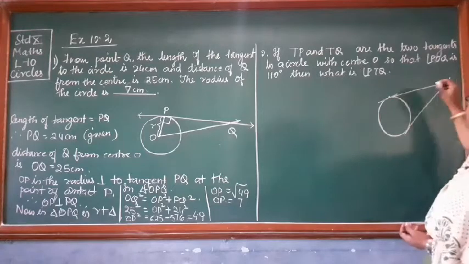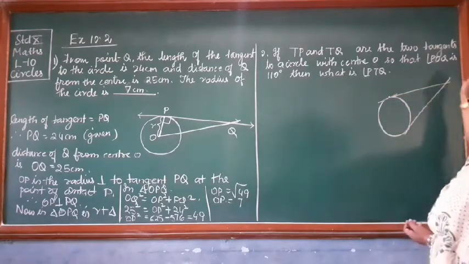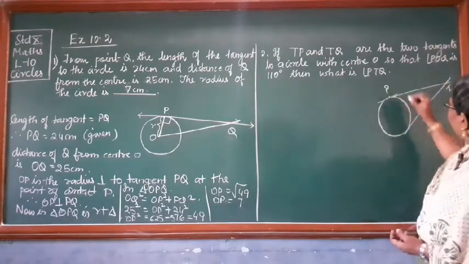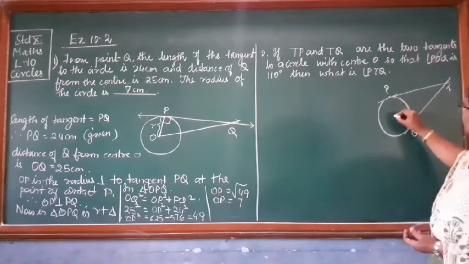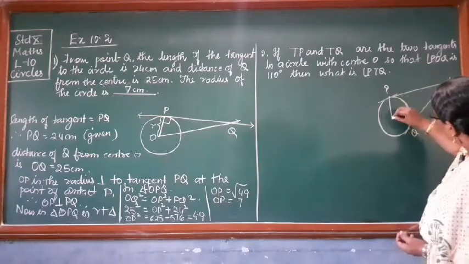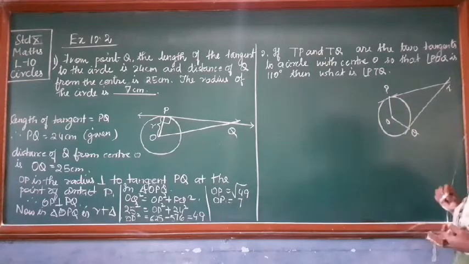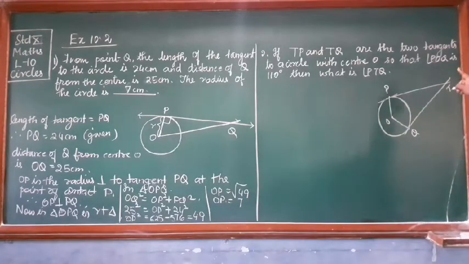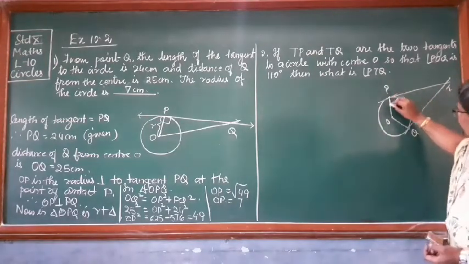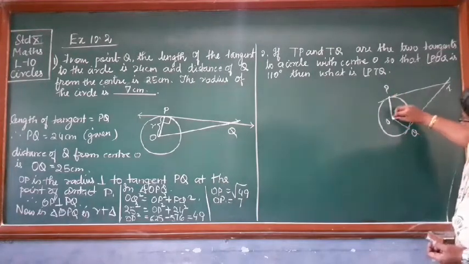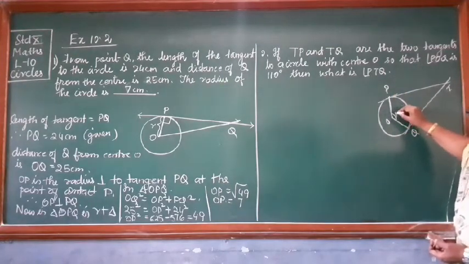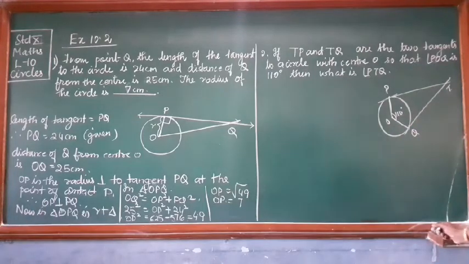This is your P, this is T, and this is Q. This is the center of the circle, let it be O. What is given to you? Angle POQ. This angle is 110 degrees.